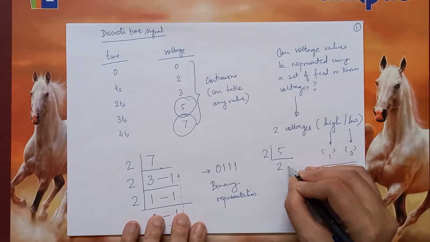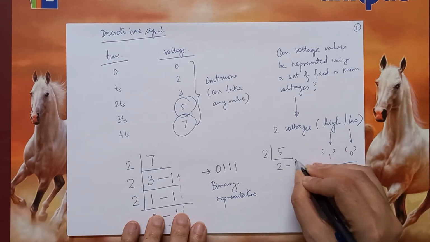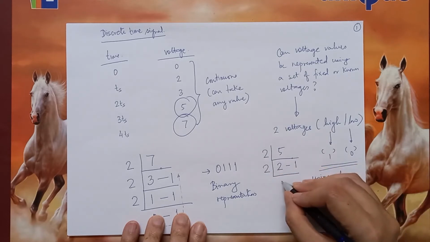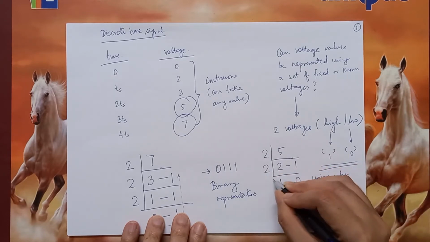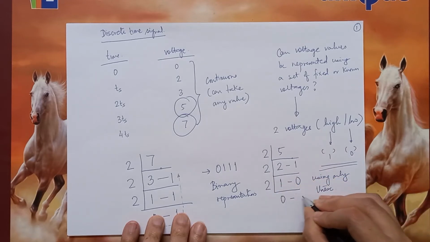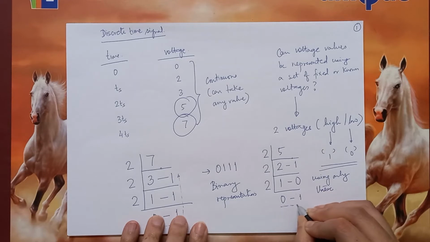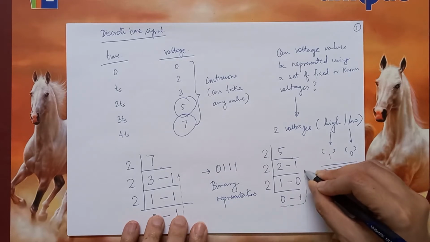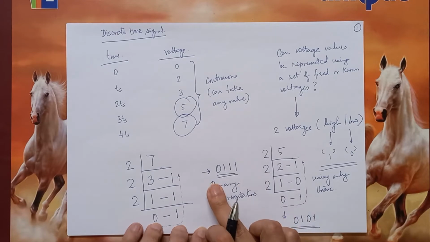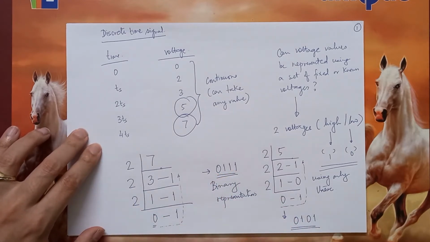So 2 2s are 4 and a remainder of 1. Then again I will divide, 2 1s are 2 with a remainder of 0. Then again I will divide by 2, quotient of 0, remainder of 1. So again I will represent this all the way from bottom to top. So the representation of this will be 1 0 1. So while 7 in binary looks like 1 1 1, 5 in binary looks like 1 0 1.